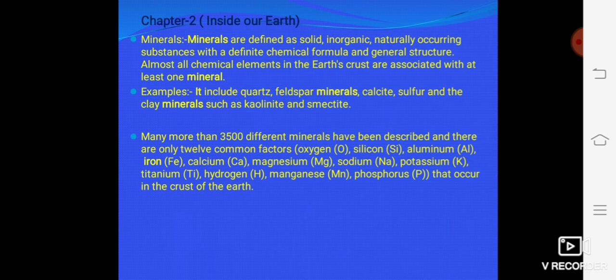Some minerals are radioactive while others are magnetic. Some are uncombined elements such as gold, silver, sulfur, copper, platinum, etc. Certain minerals such as fluorite, calcium fluoride, glow with a vibrant luminescence after exposure to ultraviolet light.